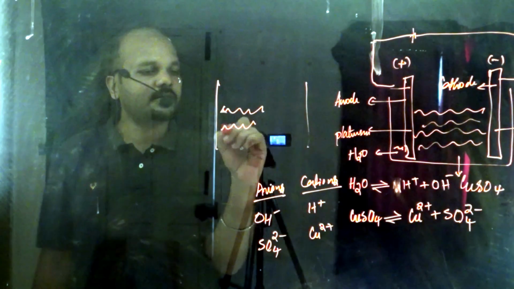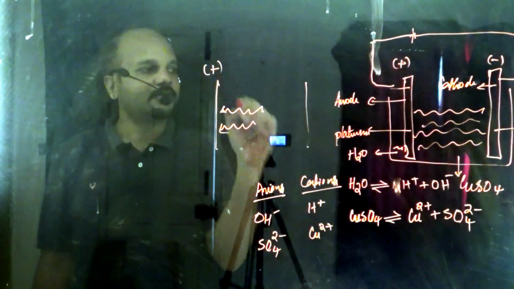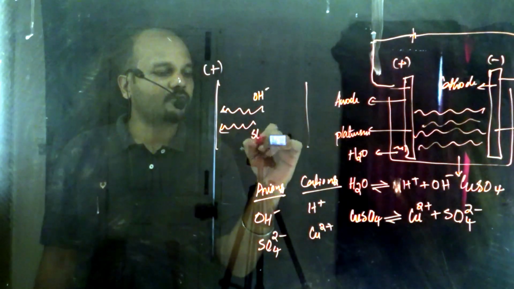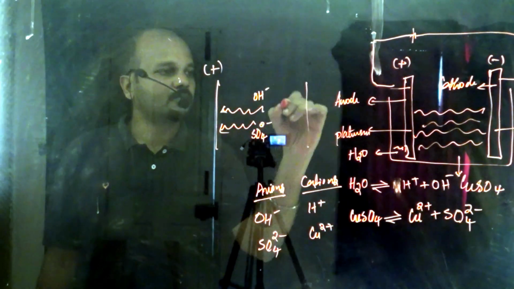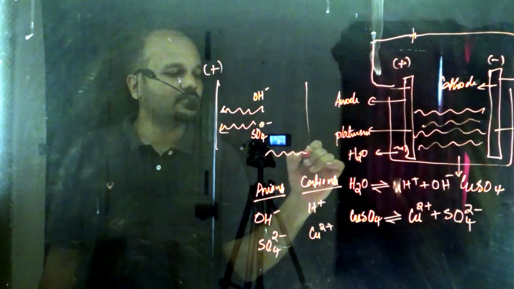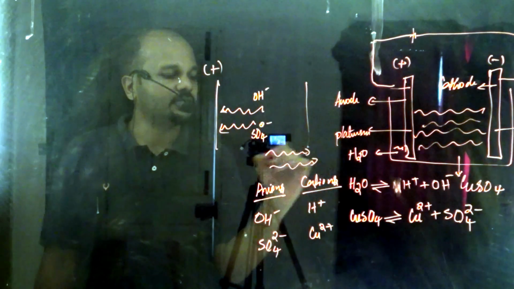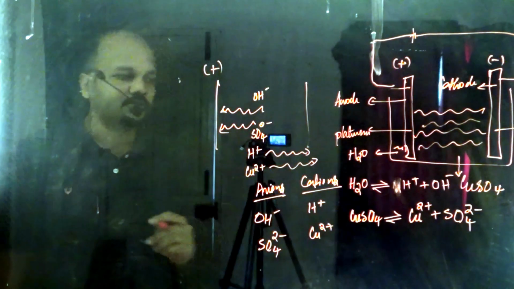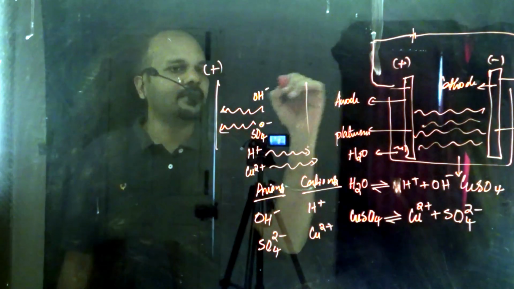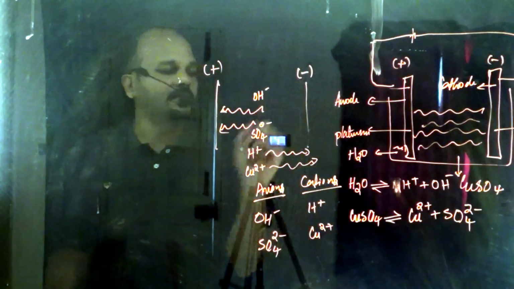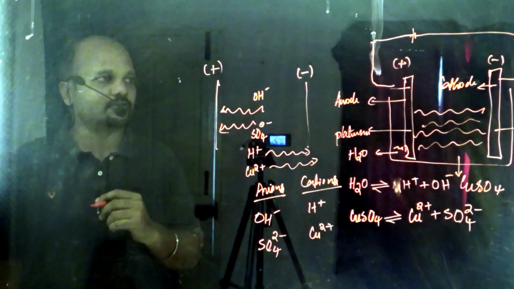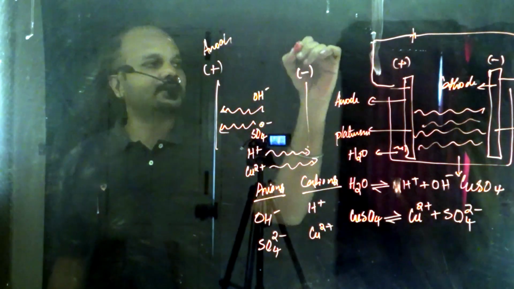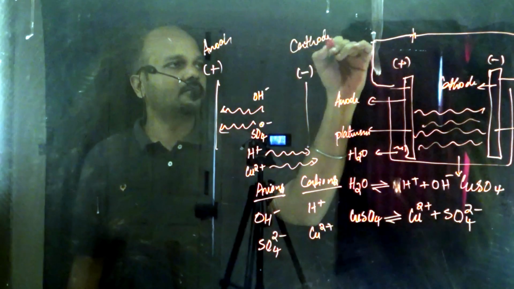So the ions going to the anode are OH minus and SO4 2 minus, and the cations will go to the cathode. H plus and Cu2 plus will go to the cathode. This is the anode, and the second one is the cathode.